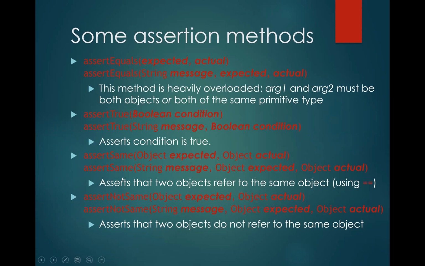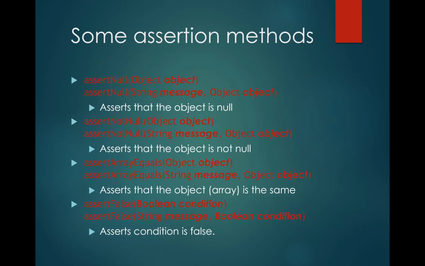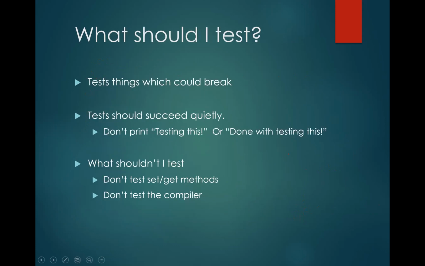Assert true, assert same, assert not same, and assert null, not null, array equals, and assert false. Why should you test? It tests things which could break, and tests should succeed quietly.